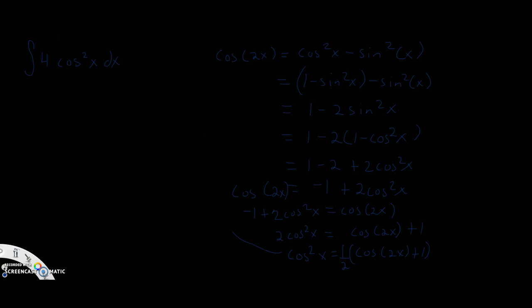So now we're going to take this, we're going to use that information over here. So now I could say 4 times 1/2, because that's really the cosine squared, cosine of 2x plus 1. I need one more parentheses.